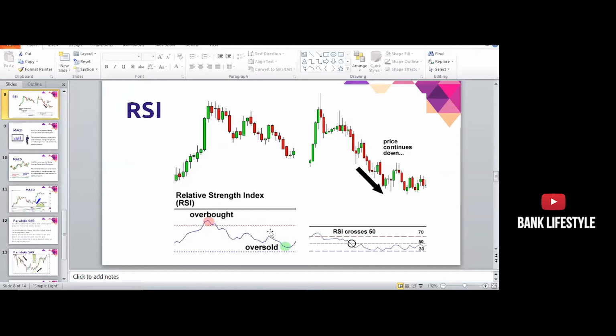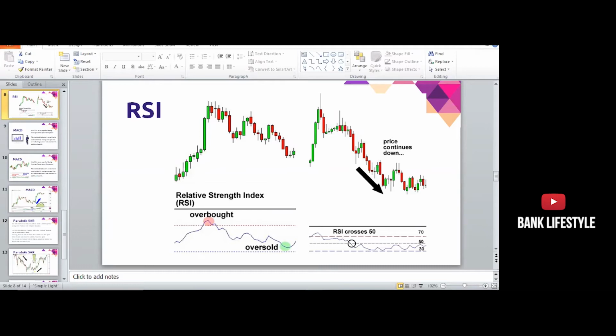So the upper band is 70. Okay, this is the upper band, and the lower band is 30. So that's like the default settings every trader or most traders use. Well, you can edit it or personalize it anyhow you want, but this is the standard.